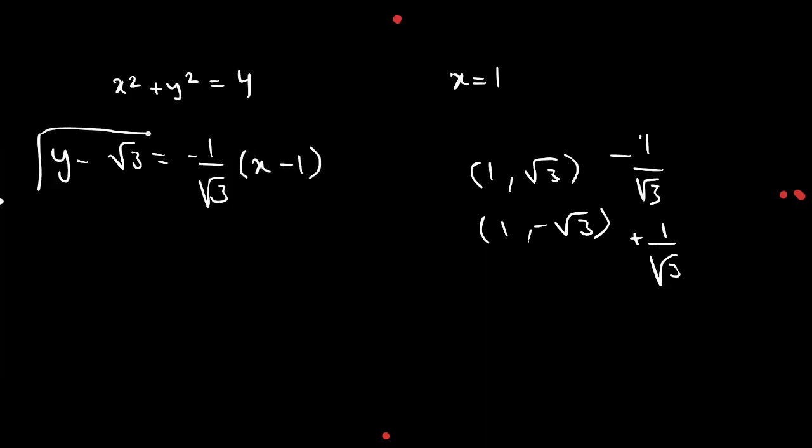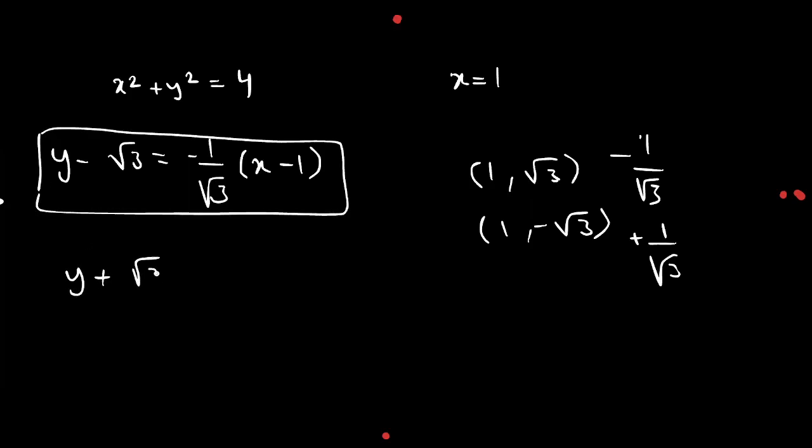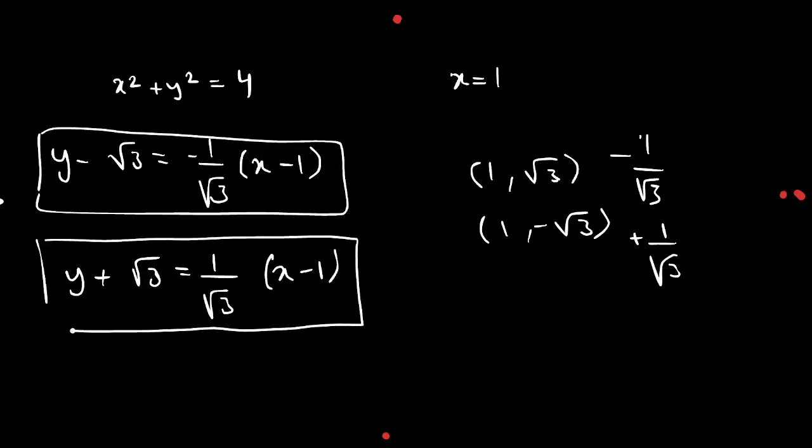This is the first tangent line. The other one is going to be y plus root 3 is equal to 1 over root 3, again positive here, times x minus 1. So these are the equations for the two tangent lines of our circle x squared plus y squared equals 4 at the point x equals 1.